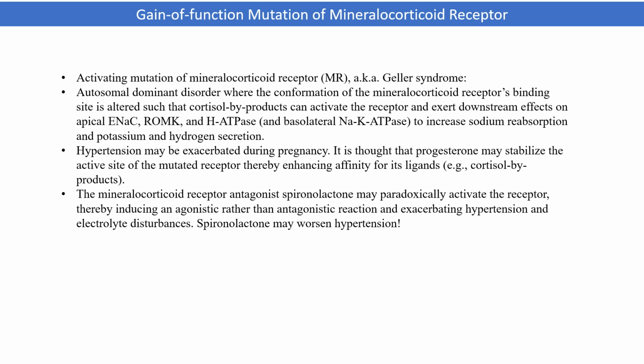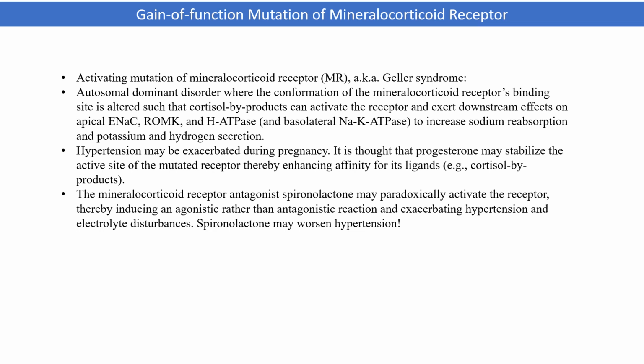Due to the altered binding site of the mineralocorticoid receptor in Geller syndrome, the receptor antagonist spironolactone may paradoxically activate the receptor, thereby inducing an agonistic rather than an antagonistic reaction and exacerbating hypertension and electrolyte disturbances.